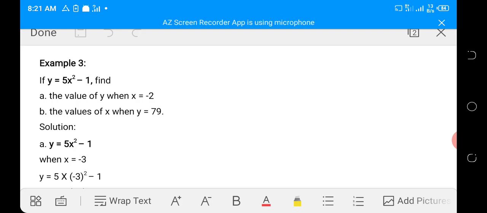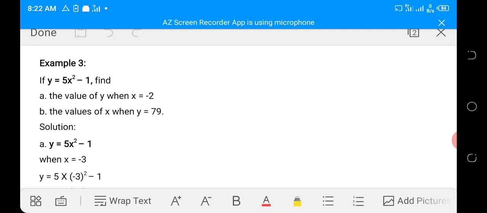If y is equal to 5x squared minus 1, find A, the value of y when x is equal to -2. B, the value of x when y is equal to 79.